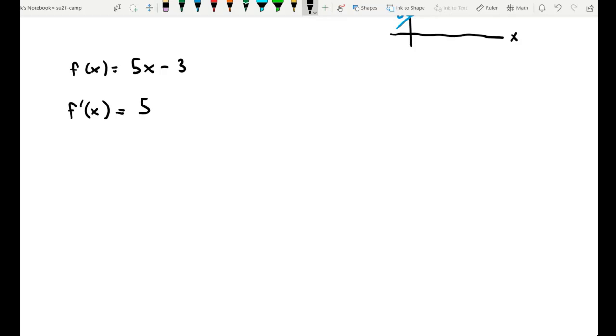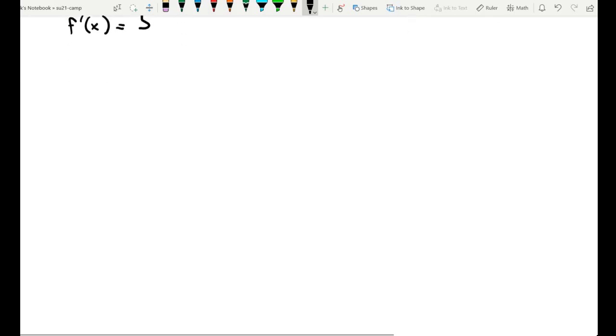Okay, so now we're going to revisit the definition of derivative. And we'll be looking at f of x equals x squared again.